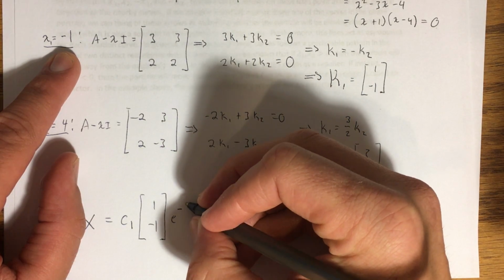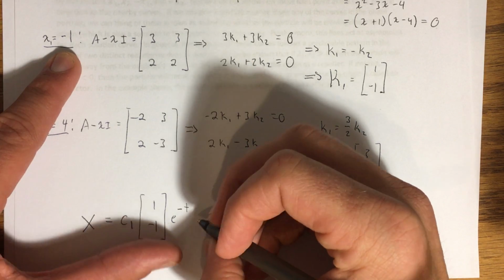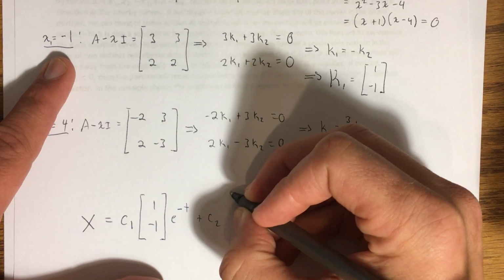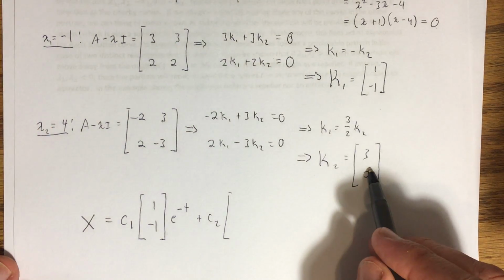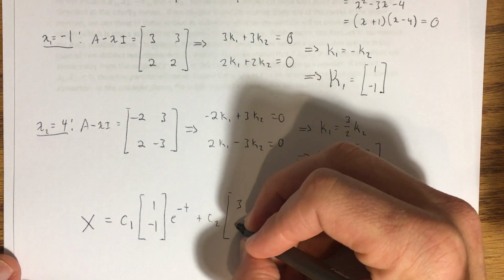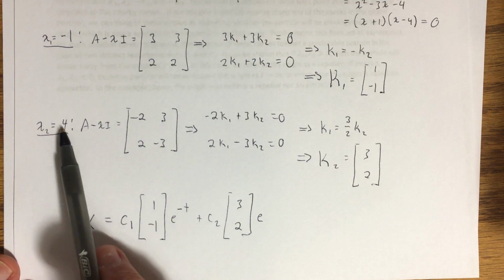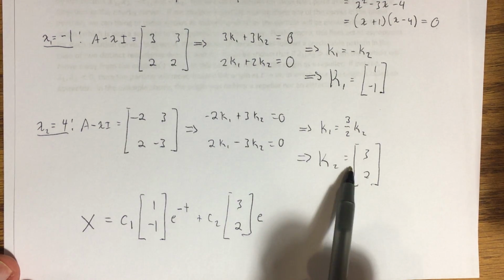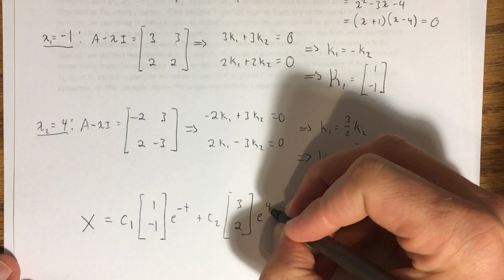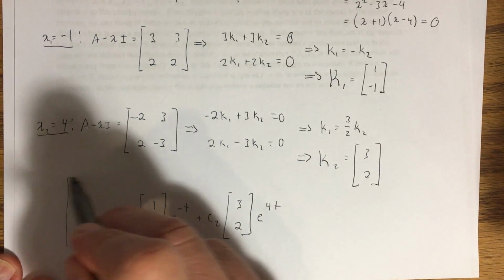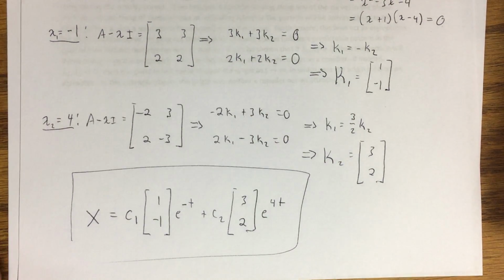So negative 1t, or just negative t. Plus C2 times K2, this eigenvector, times the exponential, which has its eigenvalue that was corresponding to this, 4t. And that would be the general solution for that linear system.